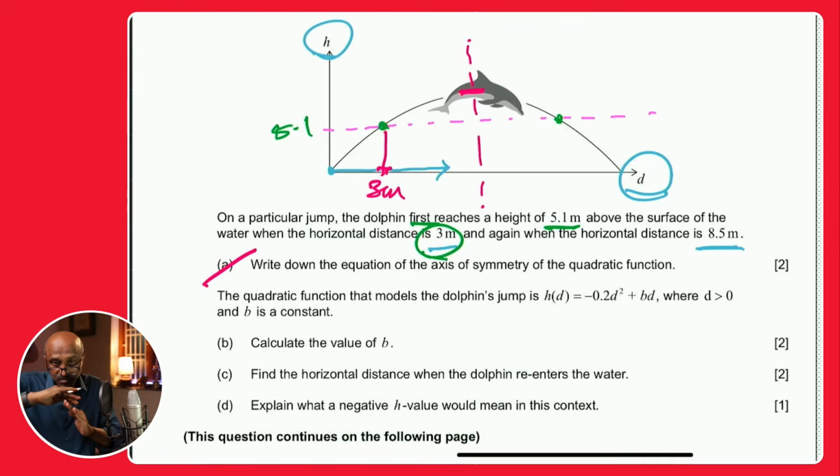First it arrives at that point, where it's 5.1 meters above the ground, at 3 meters, and then again the same height is attained at 8.5. So you can mark that point at 8.5. That's what I meant by symmetry. The quadratic curve is symmetric about the vertex, so these 2 points are equidistant from here. That's the idea of symmetry.